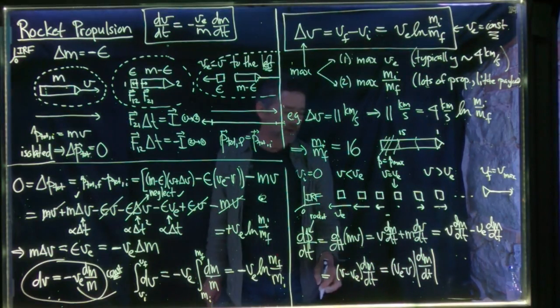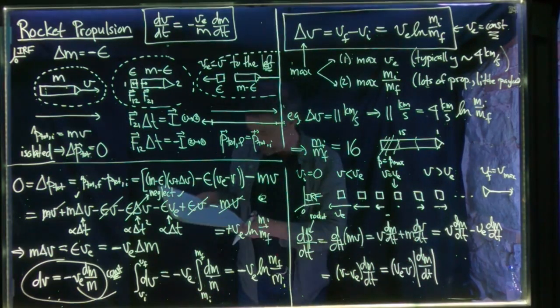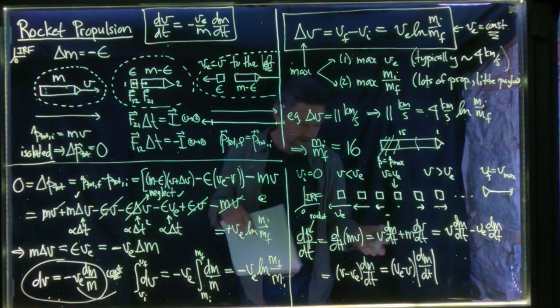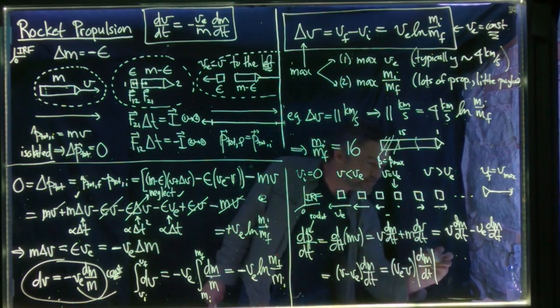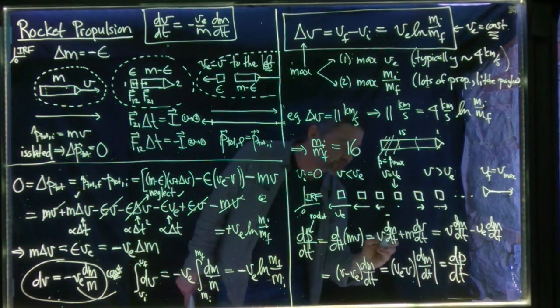Now that's interesting. So this is dp dt. This is an important result. Let's circle this one, dp dt, and talk about that for a second.